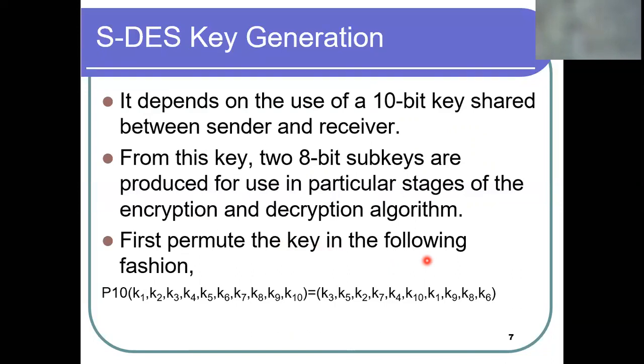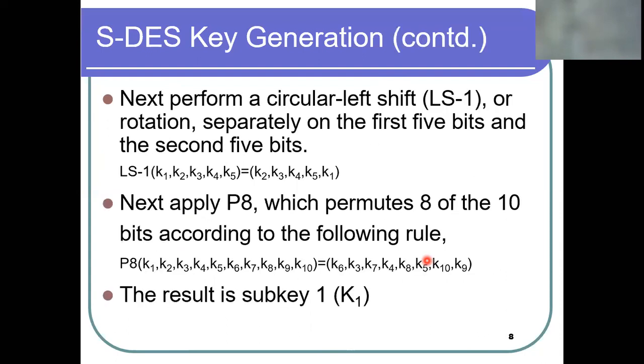For getting the first sub key, we have to apply a one time left shift, and for getting the second sub key, we will have to apply a two time left shift. So look at this operation: we take the first five bits of the last step, that is k1, k2, k3, k4, k5, and then apply a left shift, the first left shift.